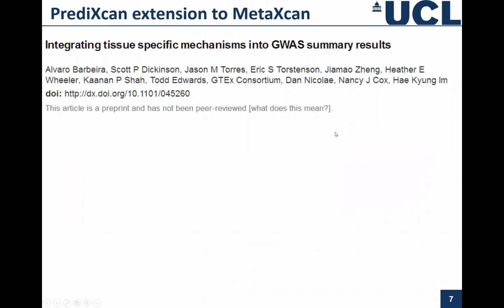To complete this methodology, I also have to show you a recent publication from bioRxiv this year, in which the developers of PrediXcan expanded it so that this methodology can also work with GWAS summary results instead of individual level data, which might not always be available.